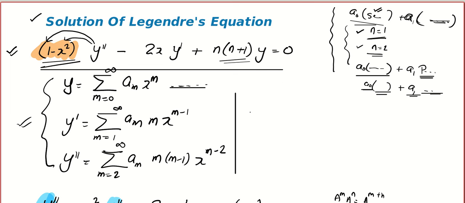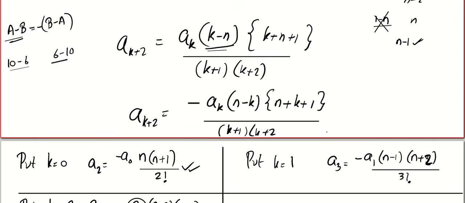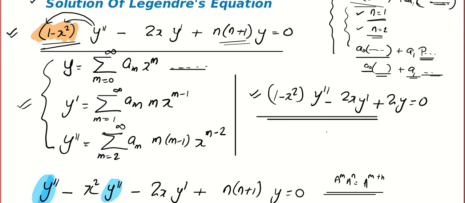For example, you can try to solve 1 minus x squared into y double dash minus 2x y dash plus 1 into 1 plus 1, that will be 2, y is equal to 0.